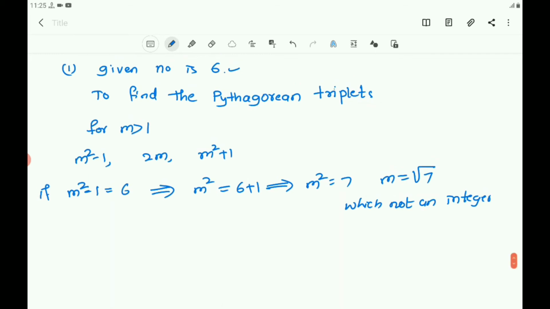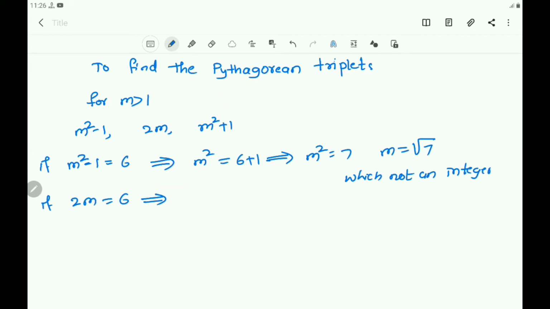Now if 2m equals 6, that is the second one, then m equals 6 by 2. So you get 3, which is a positive integer.